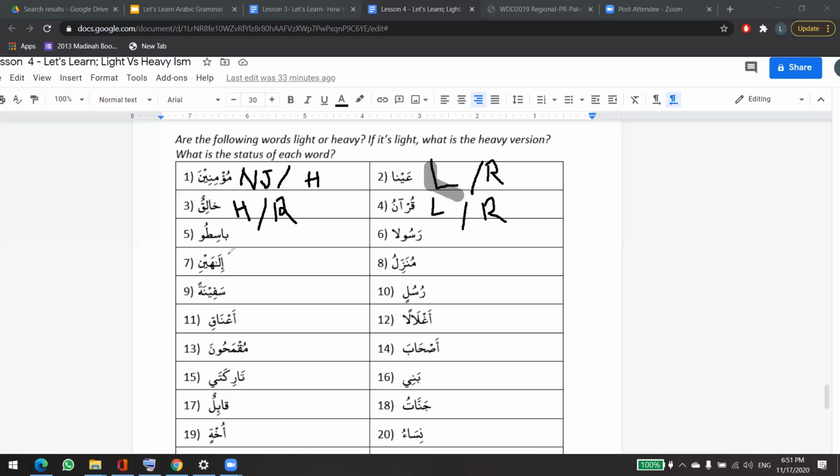Or the lighter version of the plural masculine ism, which is Muslimu, Muslimi, Muslimi. Yes, Basitu, Muslimu. So it's the lighter version. The heavier version would be Basituna. And Una, like Muslimuna, is rafa. So this is again rafa.